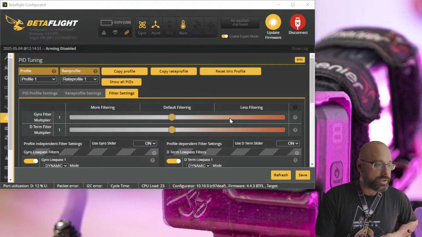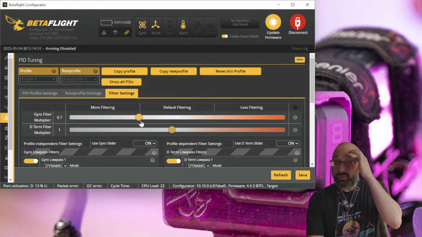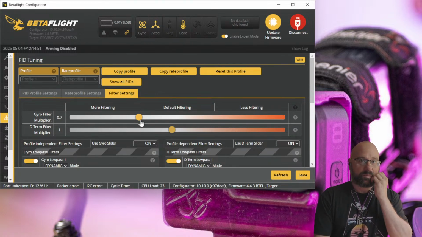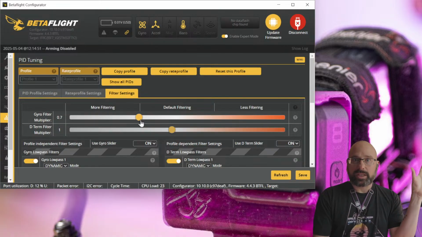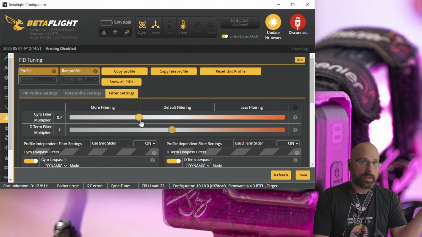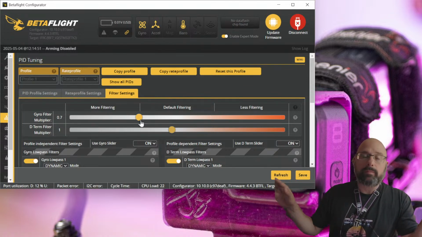Okay, so on a 10-inch quad, one of the first things you're always going to do is bring this filter multiplier down. And that is going to lower the cutoff frequency of the filter. 10-inch props spin slower. Therefore, the RPM of the motors is lower. The primary goal of the filters is to filter out the motor noise.